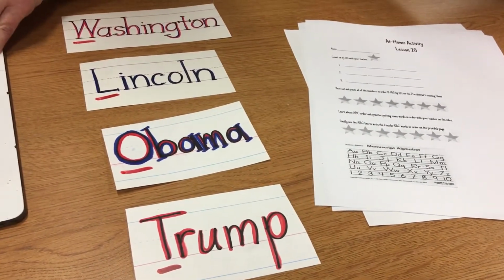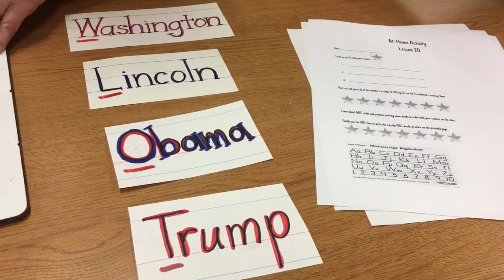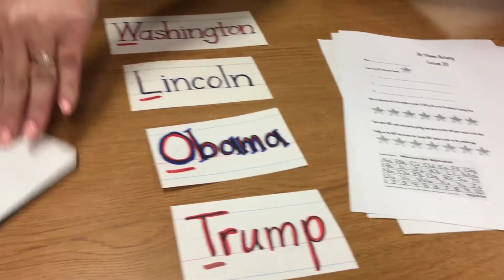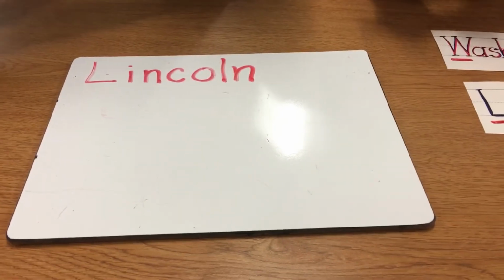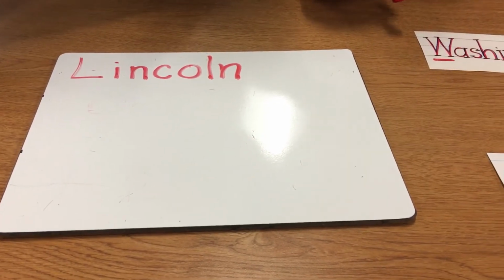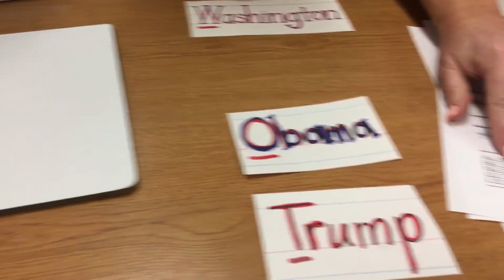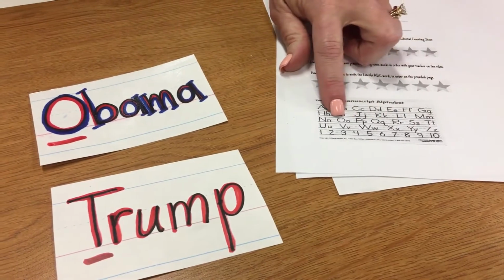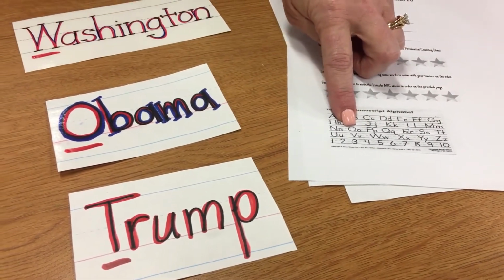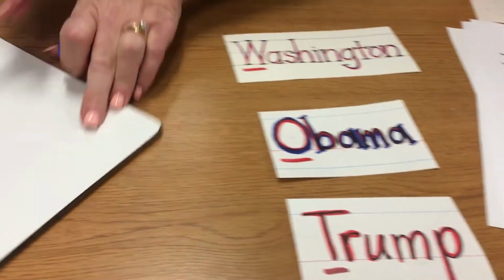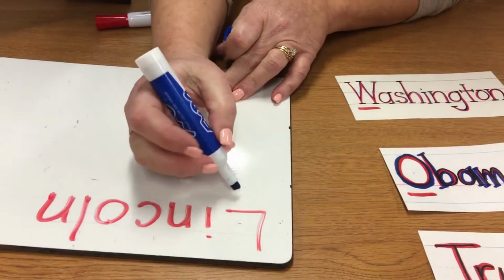So I'm going to write Lincoln, and he would come first in ABC order. So I'm going to take him out. And then the next letter I see going through the alphabet would be O for Obama. So I'm going to write him second.